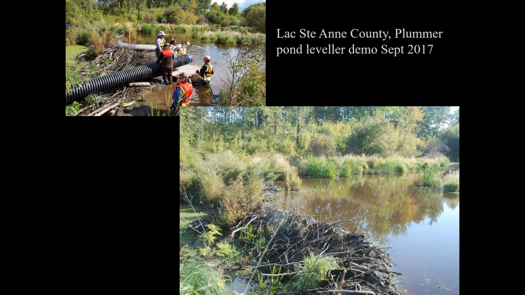Nearby there, we built another device, a pond leveler demo. So this is maybe a few more details. You use a double-walled pipe, which is corrugated on the outside and smooth on the inside, to address, in this case, a very significant dam that's again near a roadway and quite a deep pond. It was at least 9 feet deep upstream of this dam.